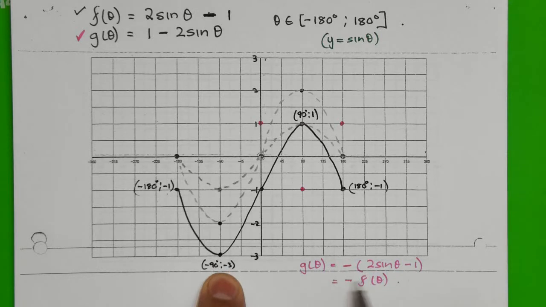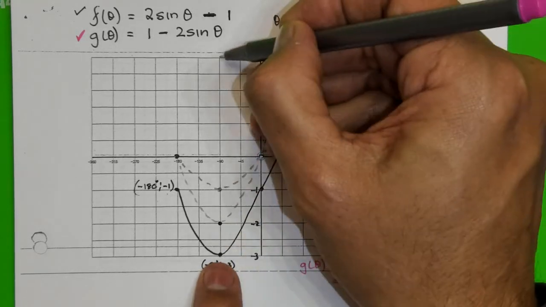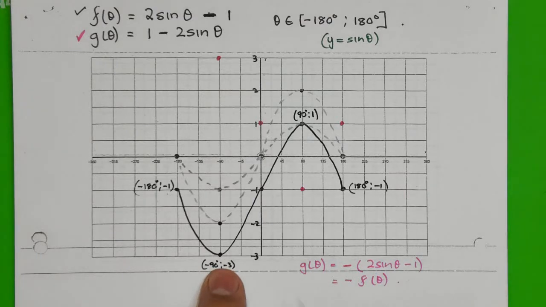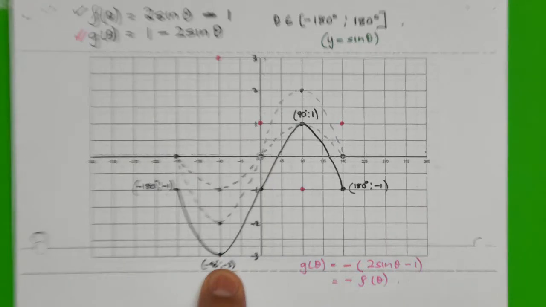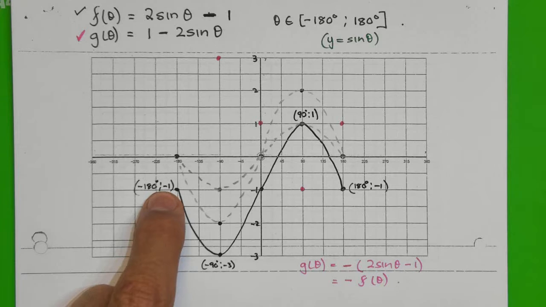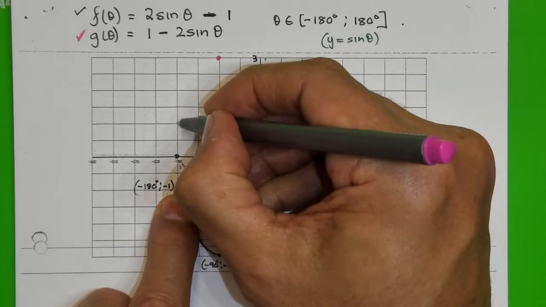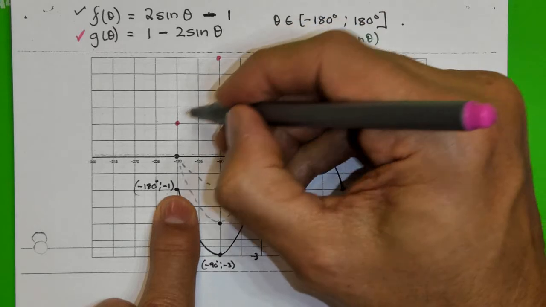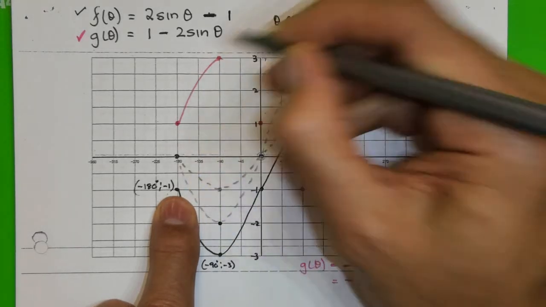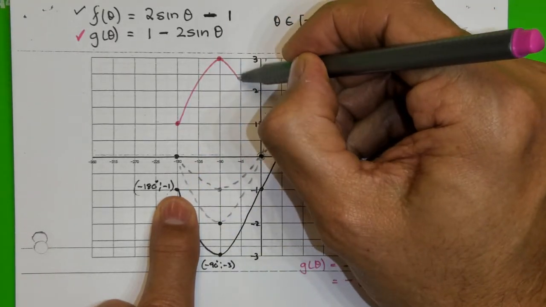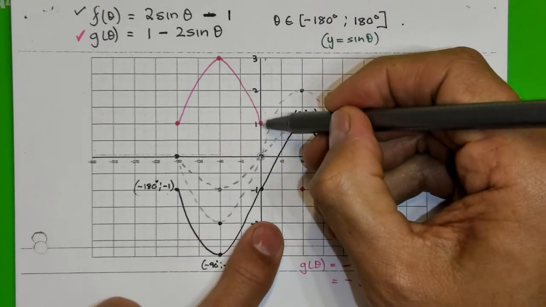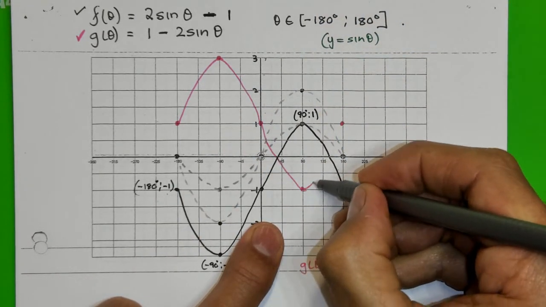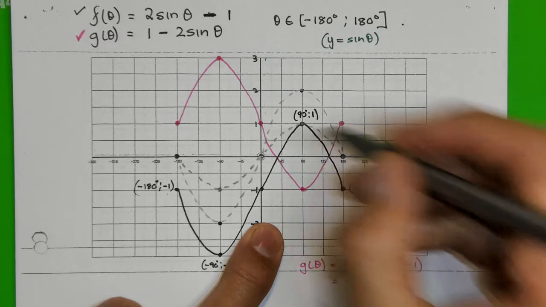If I multiply it by a minus, it goes to positive 3. The x values, the theta values, don't change. It's the y values that do. If I multiply that y value with a minus 1, then that will be at 1. And this is how you generated g of theta. g of theta is a reflection of f of theta in the x-axis, or the theta axis.